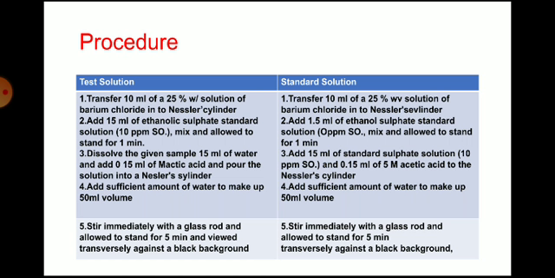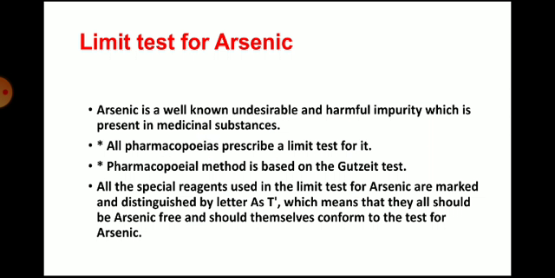The given sample is dissolved in 15 ml of water and 0.5 ml of acetic acid is added to the solution in a Nessler cylinder. Both are stirred immediately with a glass rod and allowed to stand for 5 minutes, then viewed transversely against a black background.